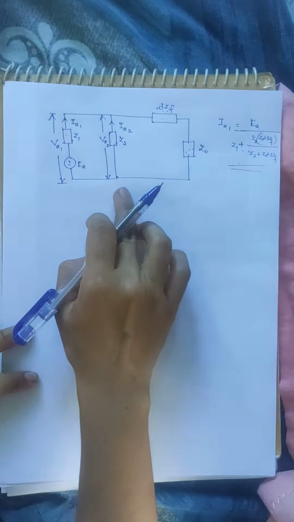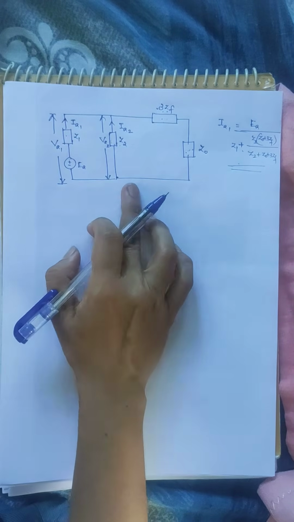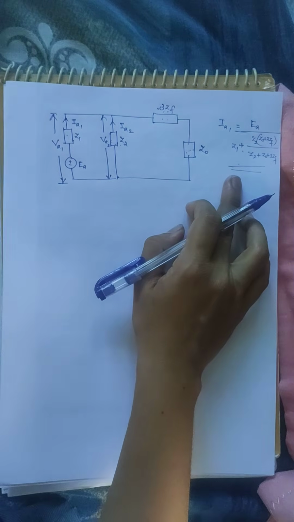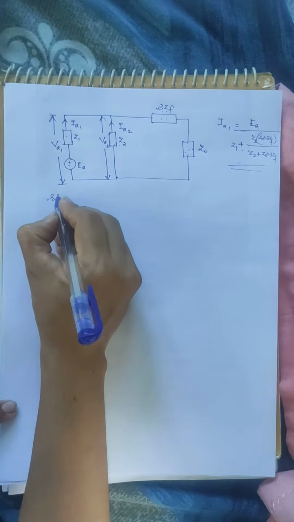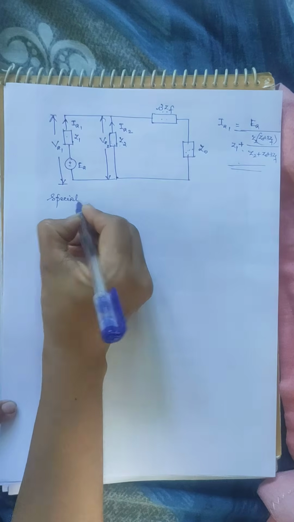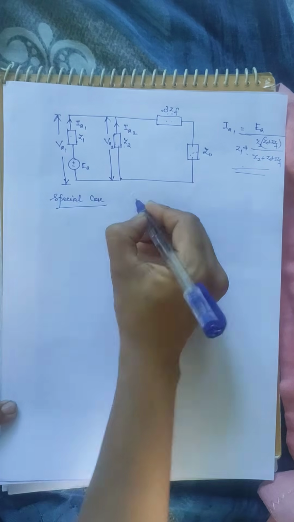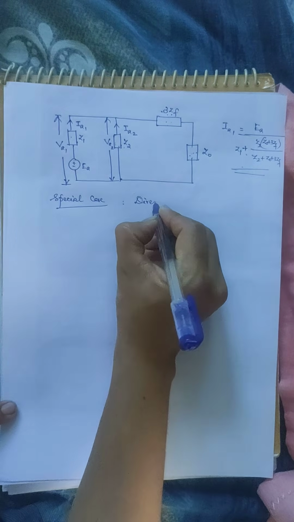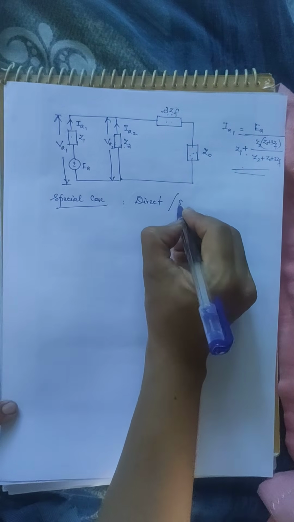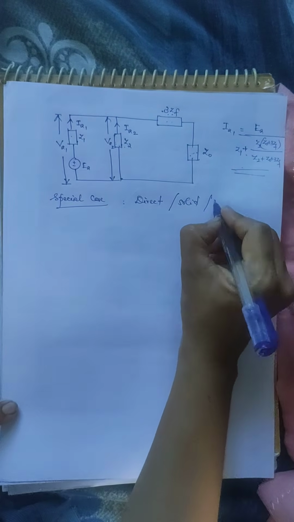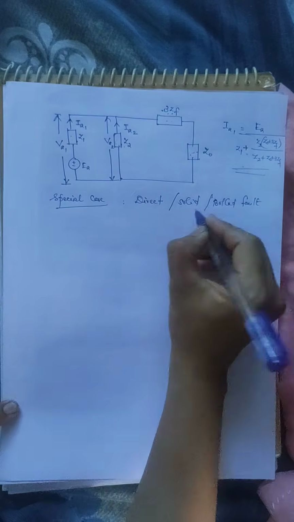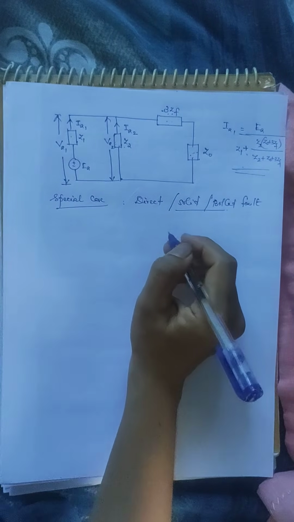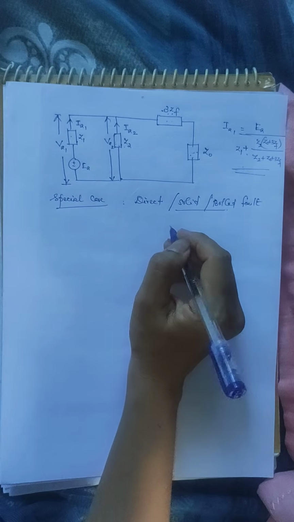We just have to remember this sequence network. Then we can easily write the equation for IA1. Now let us consider one special case also, that is a direct fault. Direct short circuit between phases B and C, a direct or solid or bolted fault. In that case there will be a direct short circuit between phases B and C and to the ground.